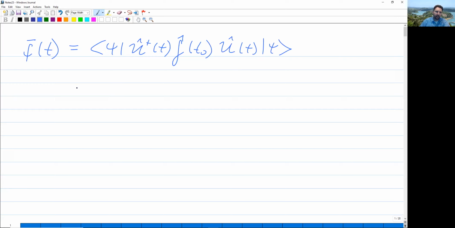Okay, and then our first method for calculating these predictions explicitly consists in doing this.